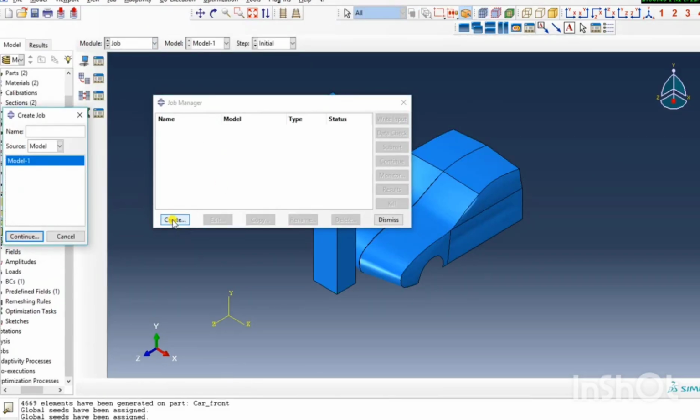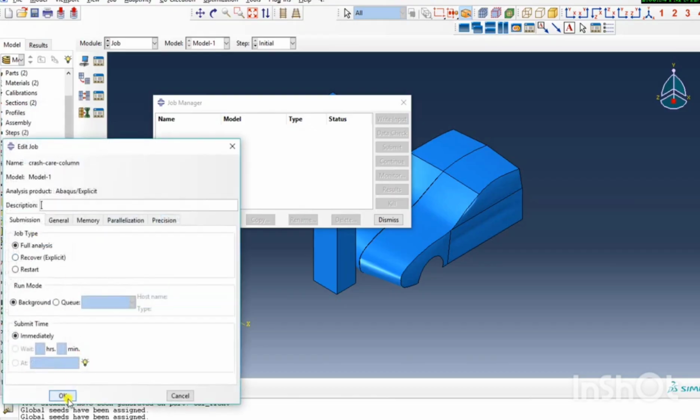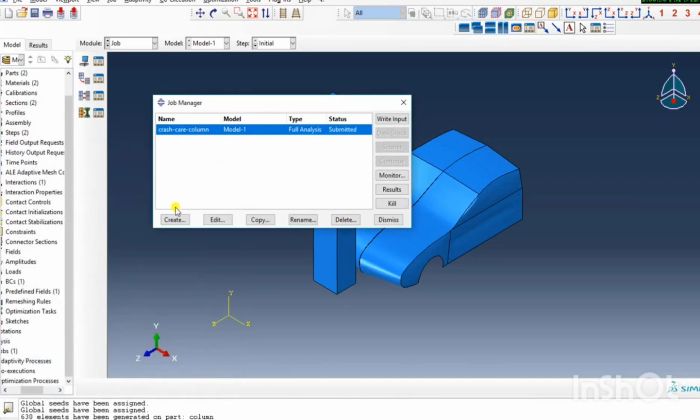For the contact interaction, we are defining a general contact algorithm. During the crash event, multiple surfaces come into contact simultaneously, including structural folding and self-contact. Accurate contact enforcement is very essential to prevent numerical penetration and to ensure realistic load transfer.